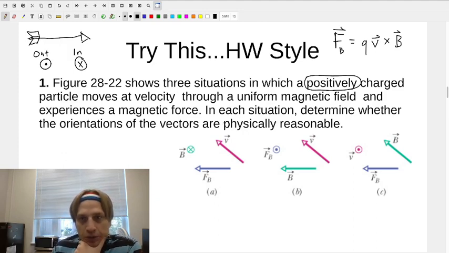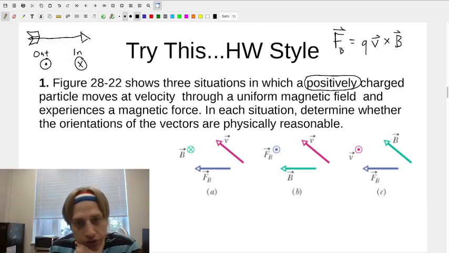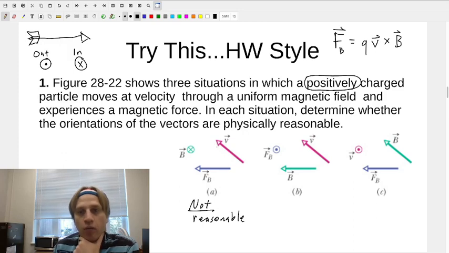So let's take a look. Physically reasonable? So if I have V cross B gives me F. I'm going to say this is not reasonable. Why not? Well, that magnetic force has to be perpendicular both to V and to B. Okay, so is the magnetic force perpendicular to B?